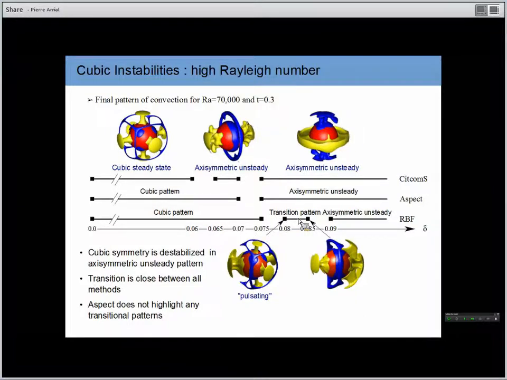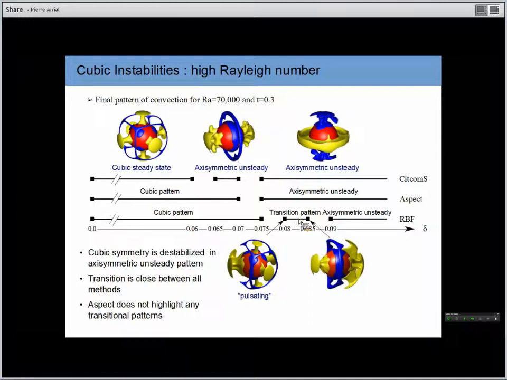So really small amounts of perturbation, but still really close. There are no big variations between the three different codes, so we can consider that there is a good agreement in localizing the transition.